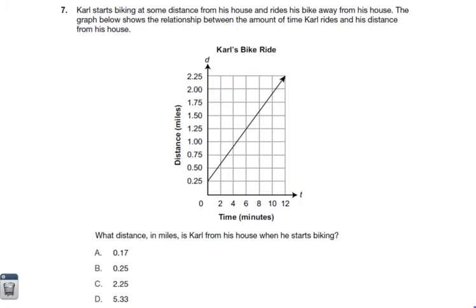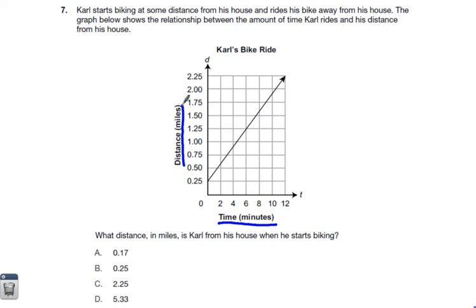So this one, hopefully you've read it. If not, pause it and continue after you've read it. Okay, this one, they give you a graph, and it's very important to pay attention to how the x-axis is in minutes, and the y-axis is distance in miles, okay? And the question is just that.